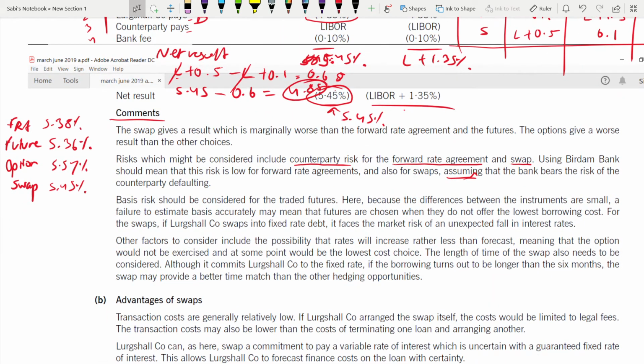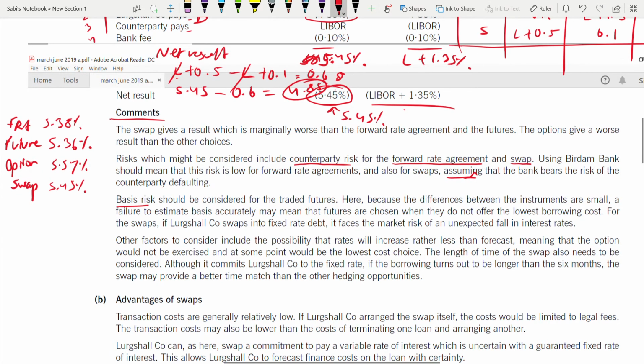Basis risk, of course. Future means basis risk. When you have to talk about disadvantage of future, always talk about basis risk, or the margin account. These two, one and two is enough, not more than two. Basis risk should be considered for traded future. So basis for future. You have to talk about advantage and disadvantage because finally you have to come to a conclusion.